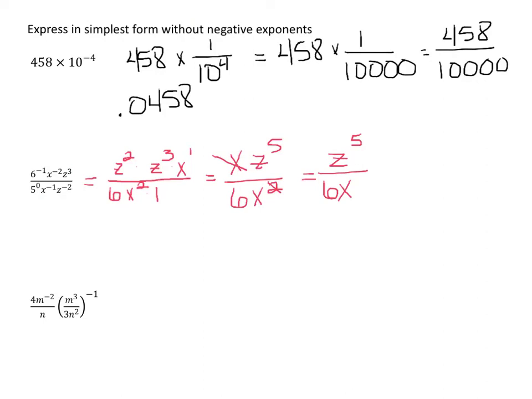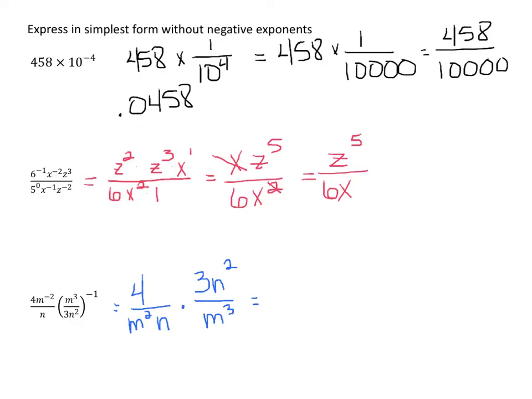Trying another one. 4m to the negative 2 over n. That becomes 4 over m squared n. Then, with this next one, because I'm raising this whole fraction to the negative 1 power, I can actually just take the reciprocal. 3n squared over m cubed. So that's not 4.